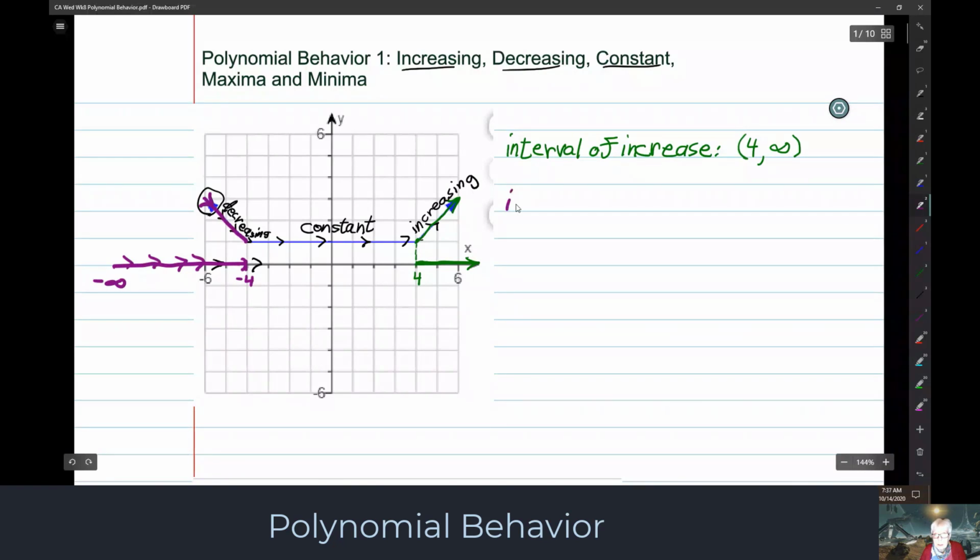So the interval of decrease, or the interval on which the graph is decreasing, would be negative infinity to -4.